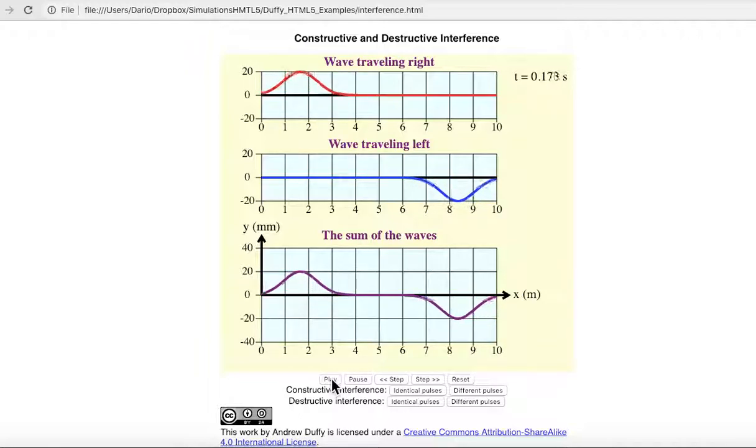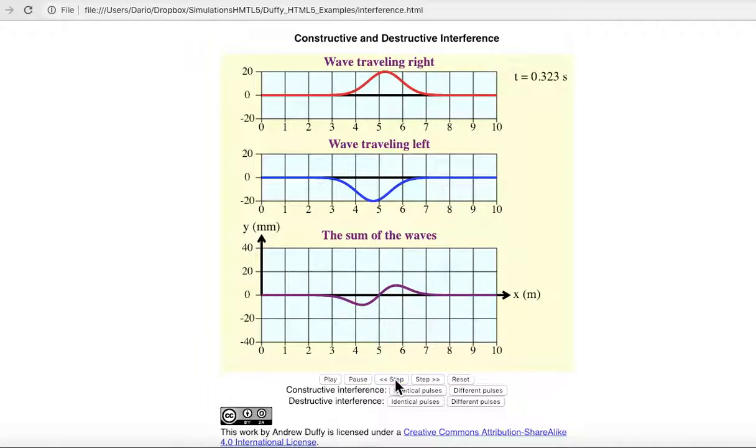It's almost as if each pulse does not care about the other one. The pulses do not seem to interfere with each other, and the resulting displacement of the medium is simply the algebraic sum of the displacement of each pulse. When we add the positive displacement with the negative displacement, we can get 0, which is the case when the two pulses are exactly on top of each other.